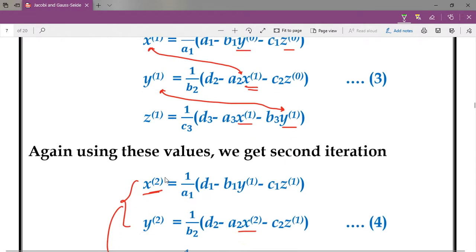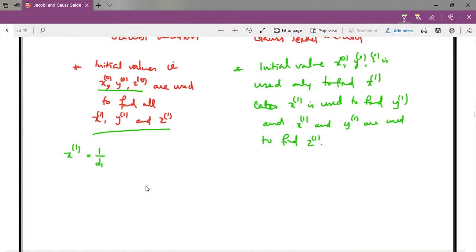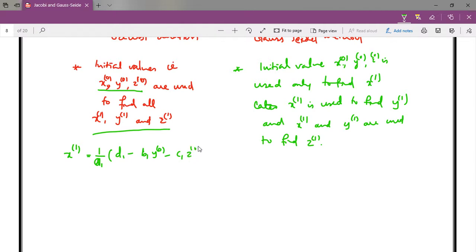So you take this 1 by a1 into d1 minus b1 y0 minus c1 z0. Okay. So this is the same here also for x1: 1 by a1 into d1 minus b1 y0 minus c1 z0.